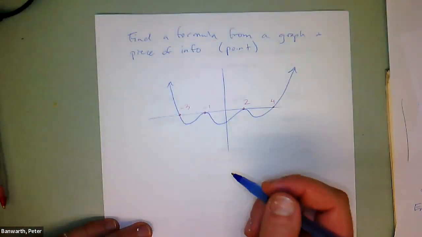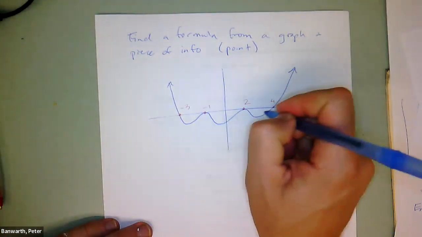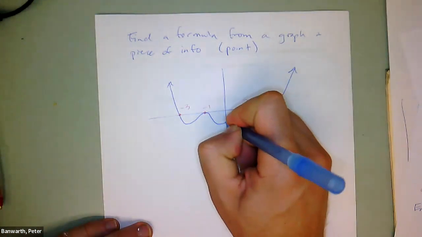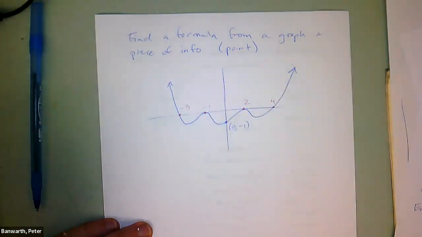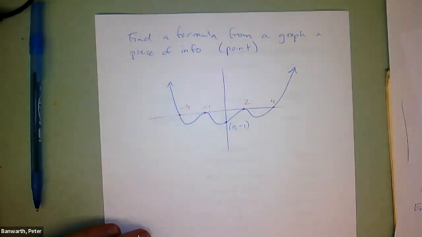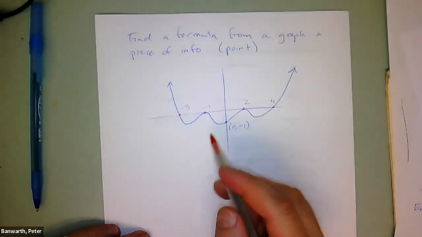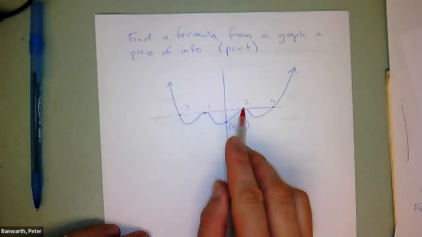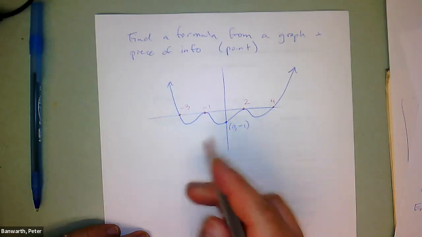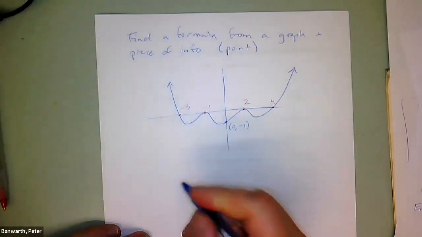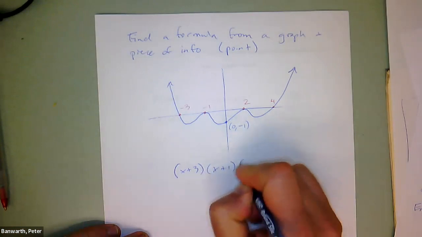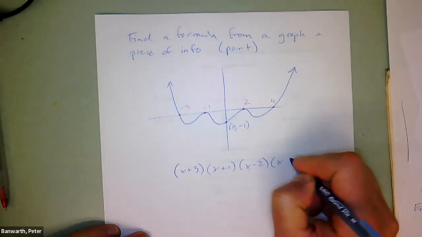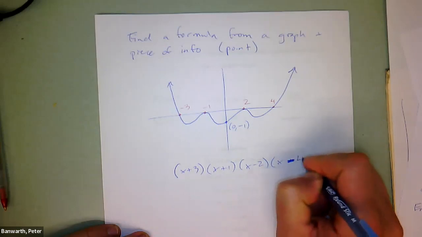And let's say I happen to know that this point right there is (0, -1). I'm just making this up, so we'll see how easy or hard it ends up being. So the first thing I want to do is identify my zeros, which I have, and turn those into factors. So x plus 3, x plus 1, x minus 2, x minus 4.